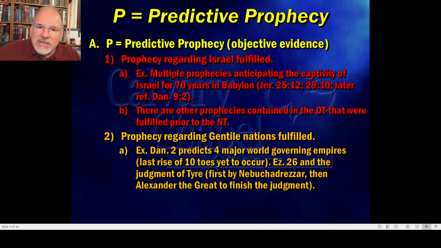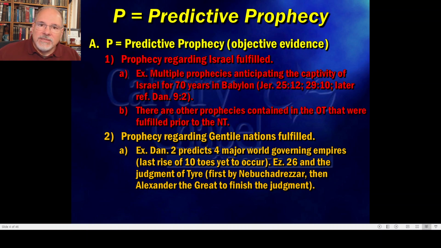We have the example in Daniel chapter 2. Nebuchadnezzar had a dream. Daniel ended up interpreting the dream for him, and that tells about the four major governing world empires. The first one is Babylon, then the second one is the Media-Persian Empire, then the Grecian Empire, the Roman Empire.